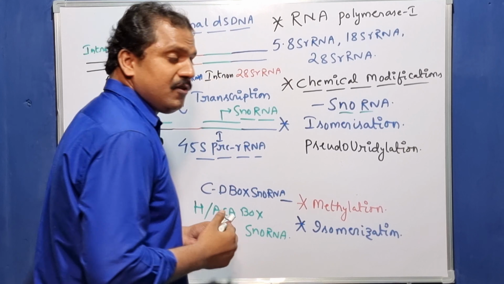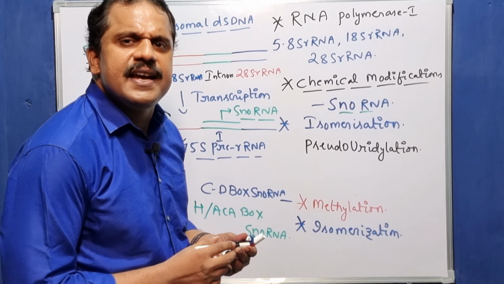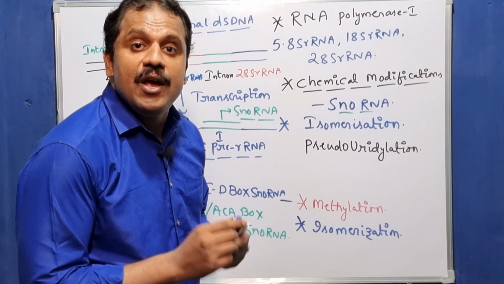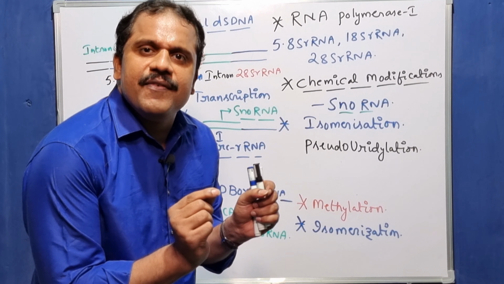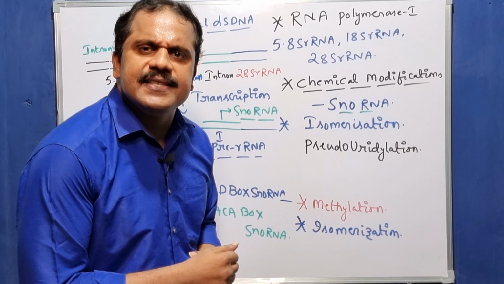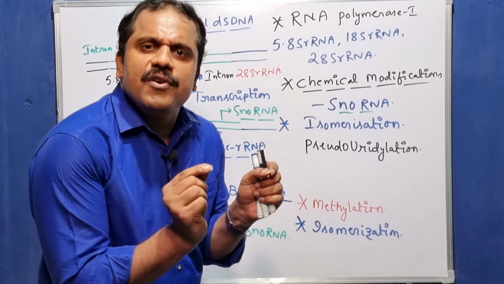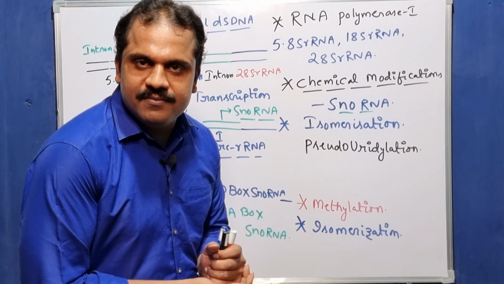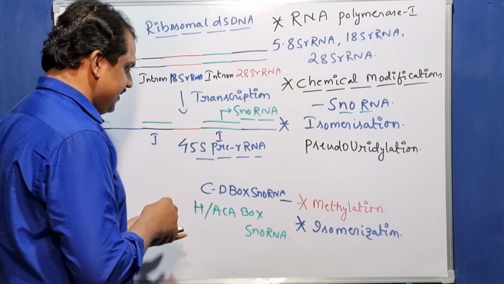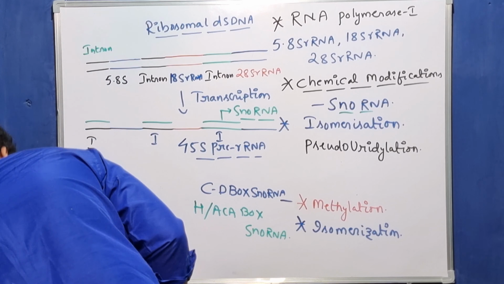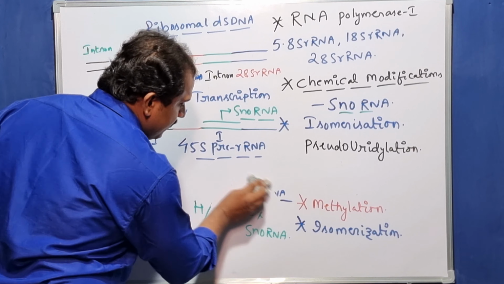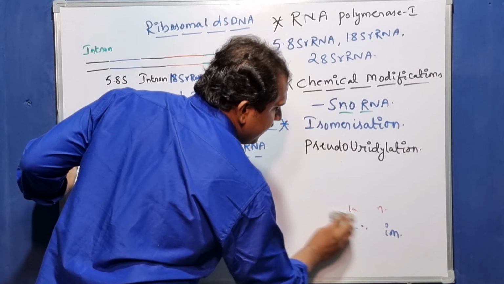So what is pseudouridylation? If we consider the specific uracil nucleotide, when the uracil nucleotide undergoes isomerization, under such condition, the specific pseudouridyl nucleotide is successfully formed. Is it clear? So let me print it here. Pseudouridyl nucleotide, right?